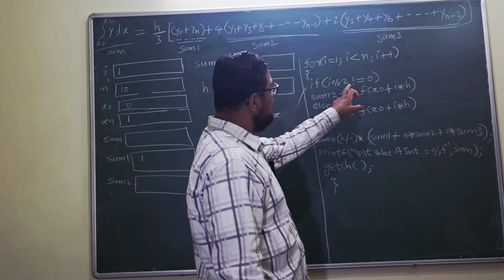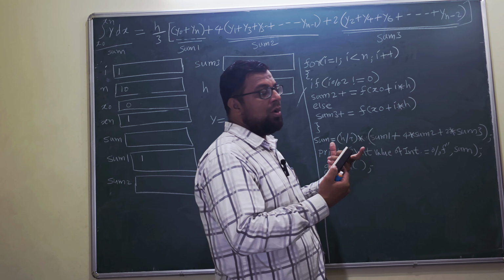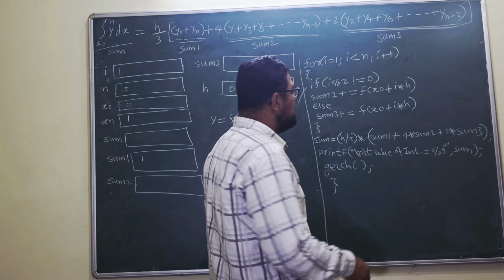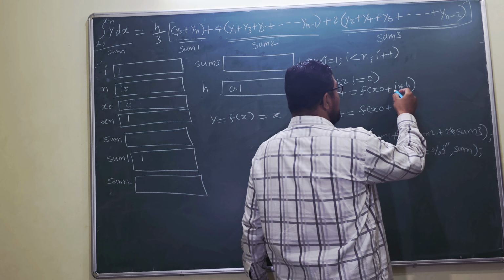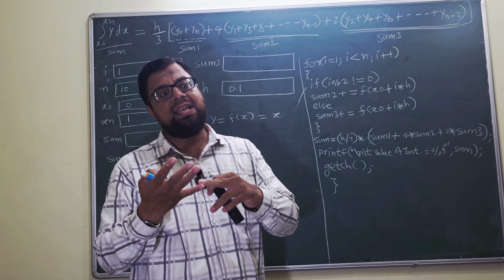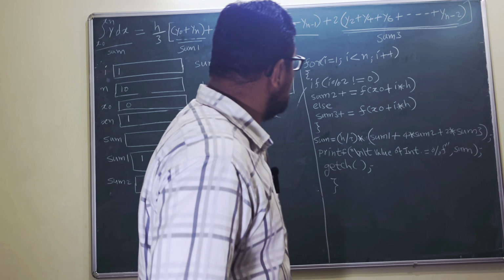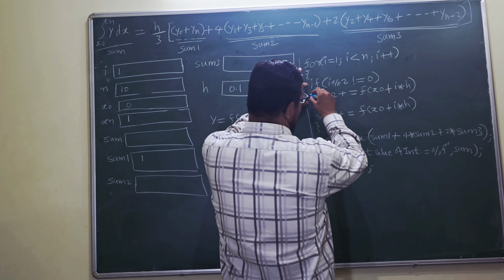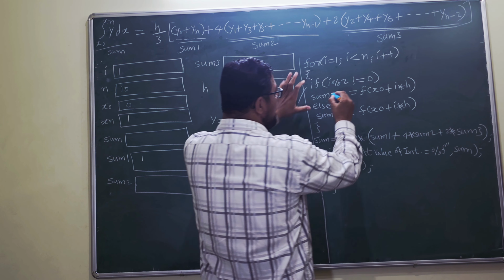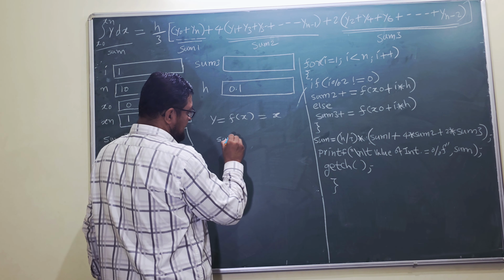So if this condition is not equal to 0, it means that the given number is an odd number. So that means i will be odd: 1, then 3, then 5, then 7, then 9. In our case, we'll go up to 9. Those values will be stored in the sum2 variable.